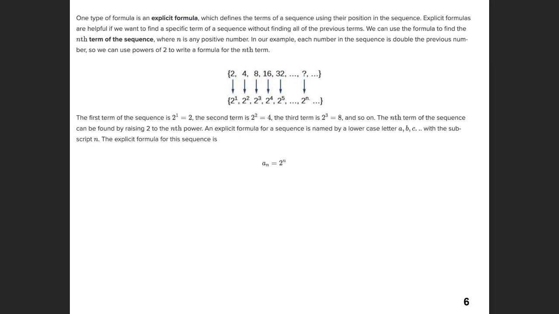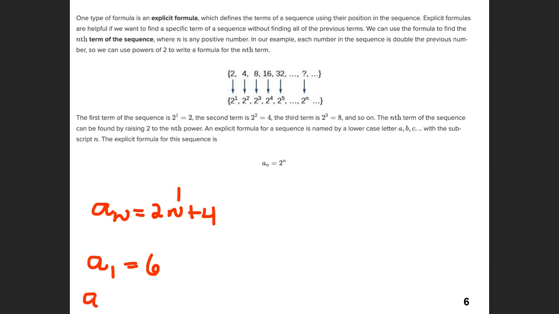So for example, if they write down a sub n is equal to 2n plus 4, and I ask for the first term of this sequence, all you'd have to do is plug 1 in. It's not 4, but 6. If they write a sub 1, that means the first term of the sequence, so you'd plug 1 in for n. 2 times 1 is 2 plus 4, that's 6.